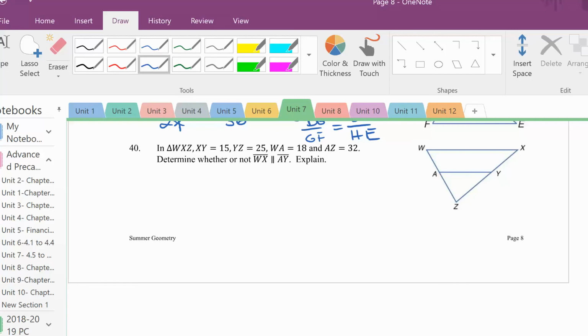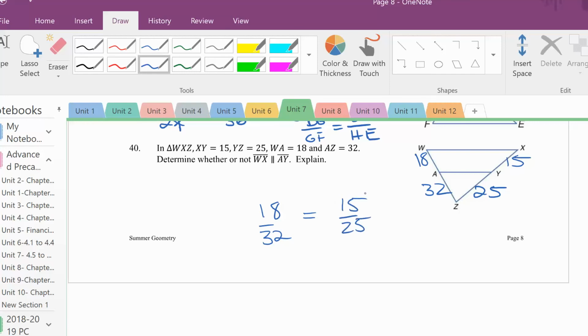So same type of question for number 40. XY is 15. YZ is 25. WA is 18. AZ is 32. So does 18 over 32 equal 15 over 25?